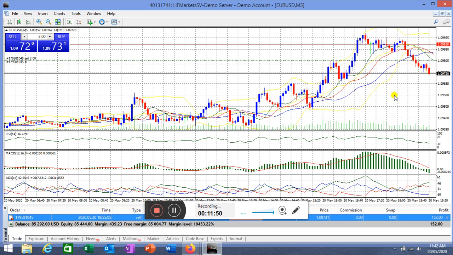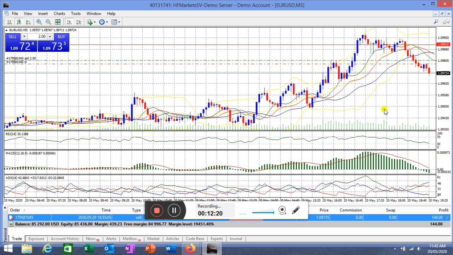At this point in time, I'm looking at a minimum for the day of 200 pips. If I can make 200 pips for the day as a starter, I'm fine. It means that by the end of the week, I should have 1,000 pips.